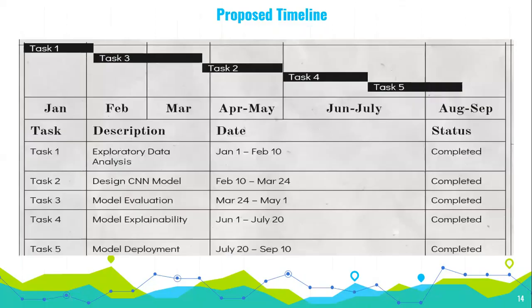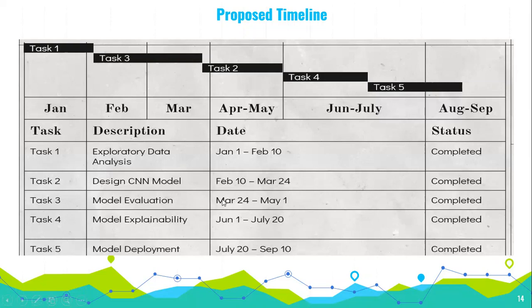Now, this is our proposed research timeline. Between Jan 1st and Feb 10, we shall carry out the exploratory data analysis, where we shall analyze the data and also pre-process it. Around Feb 10 to March 24, we shall be designing our model from scratch.